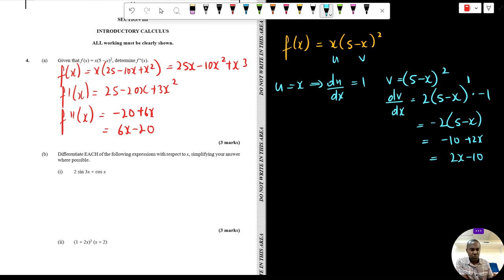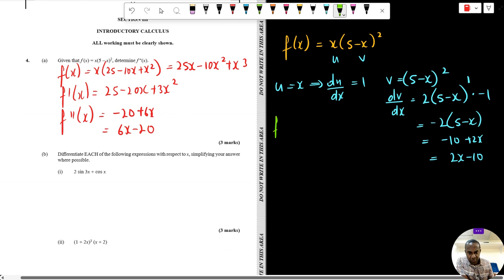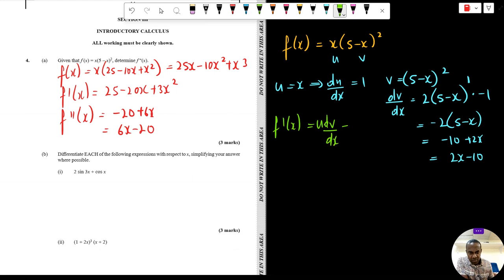So having found du by dx and dv by dx, we can therefore say that f prime of x would be equal to u dv by dx plus v du by dx. And clearly, even so far, this is already taking up a lot more time, but of course we'll continue.